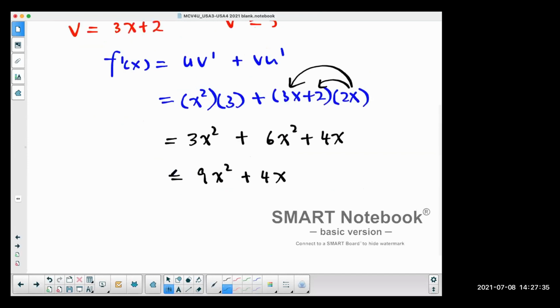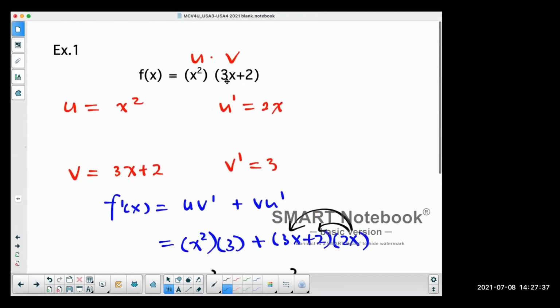Okay, let me go back up on top. Anytime you're given a product of 2 brackets, both of them containing a variable x, you can apply what we call the product rule. If this is a 5, that's a coefficient. We don't count that as a bracket, because it has to contain a variable. So I have 2 brackets, they both contain x and they're being multiplied together.